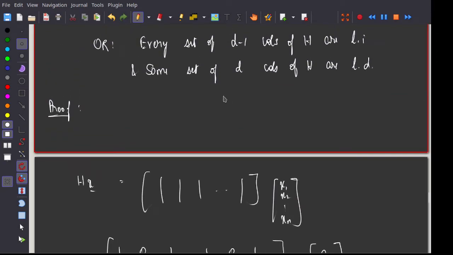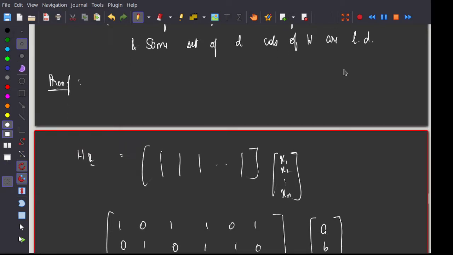Now what does it mean for some set of D columns of H to be linearly dependent? It means that there are some D columns which are linearly dependent, or in other words, I can find some vector X where only D entries are non-zero, the remaining entries are 0, and H times X is equal to 0, correct?